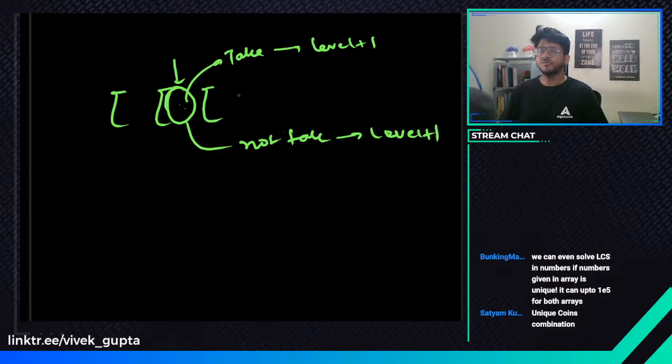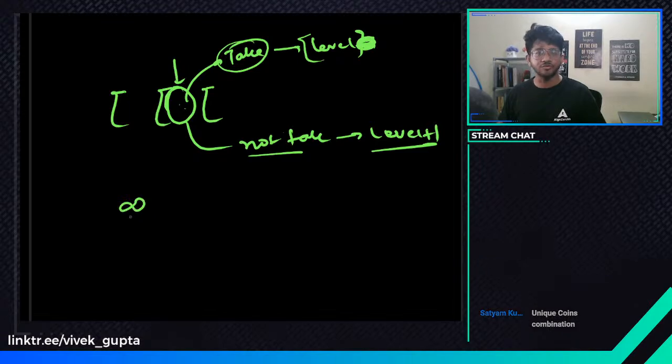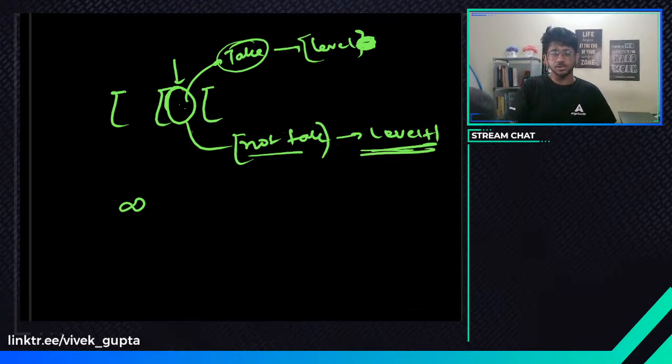But if you have infinite supply, even if you take, you can keep yourself at the same level, but the weight will decrease or increase according to what you have kept. And if you don't take, then you move to the next level. So this is how you convert any problem where you have a single supply of every item to infinite supply of every item. Keep yourself at the same level, because in the next iteration you can have the same item taken again. And if you decide not to take it anymore, you will always have the transition to the next level as an option. That's how we model such problems.